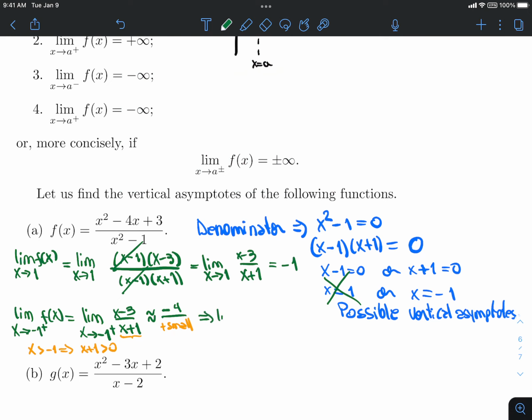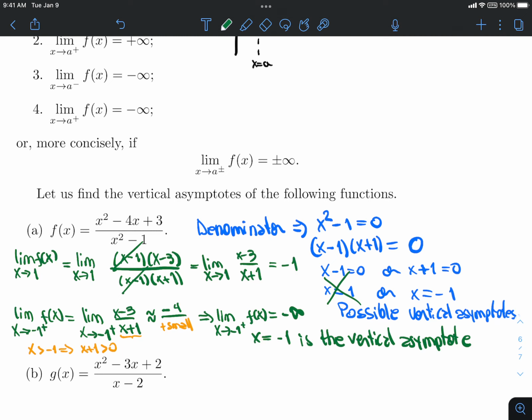So this implies that the limit as x approaches minus 1 from the right is going to be minus infinity. So x equals minus 1 is the vertical asymptote. There's only one this time.